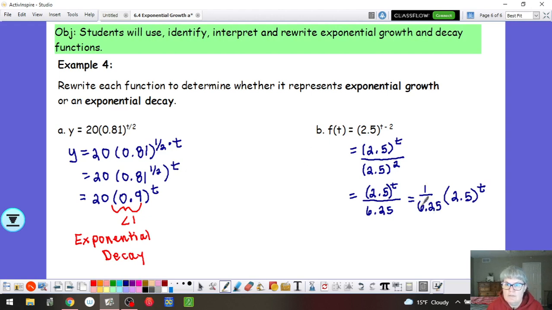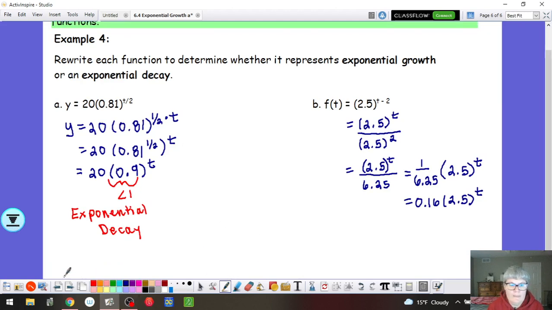So 1 divided by 6.25 is 0.16 as our initial value times 2.5 to the t. Now when I look at this, I see that 2.5 is greater than 1. That makes this exponential growth.